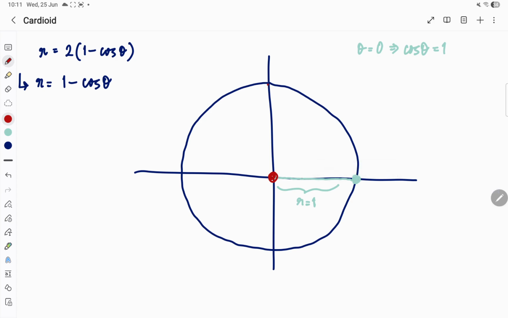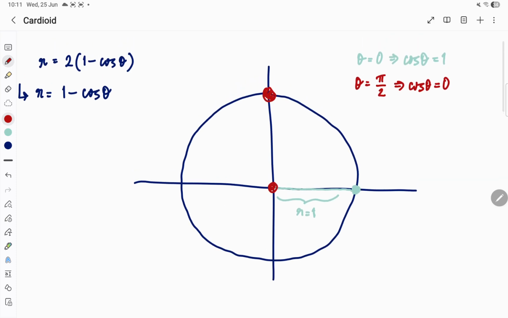At this point, theta is pi by 2, where cos theta is 0. So we are subtracting nothing. So this is getting stretched here.